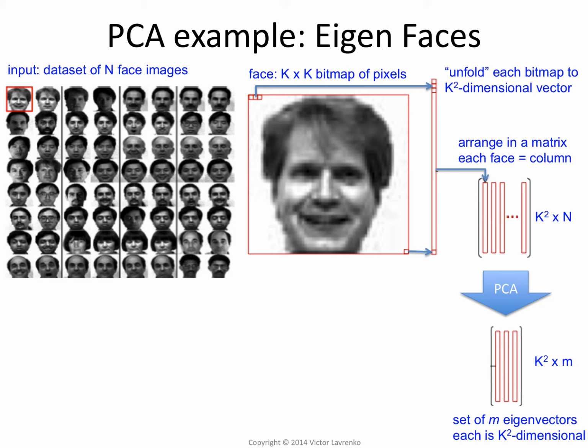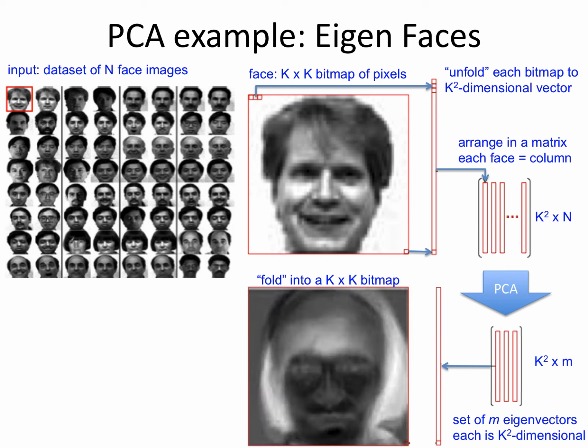Now the cool thing is you can take each one of these and fold it back into matrix form. Each one of these vectors is k squared dimensional. If I take the first k values and make them the first row, and the second k values the second row, I can fold the vector back into a form that looks like a matrix, and you can visualize it.